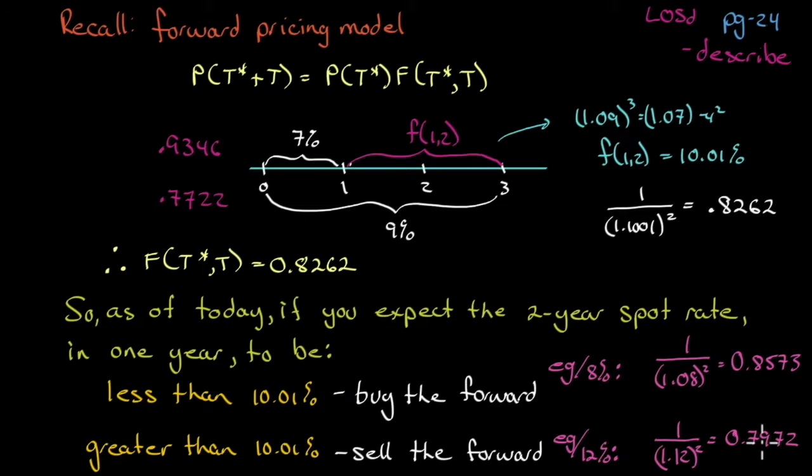Even if rates go up, they just don't have to go up by enough. So the proper question is not, are interest rates going up or down? The proper question is, are spot rates at some future point in time going to be greater or less than what the forward rate implies today?